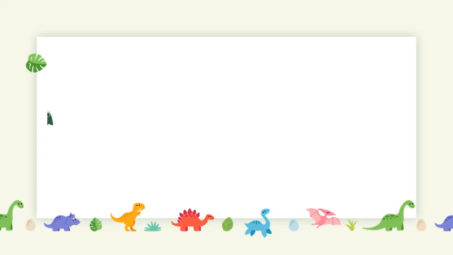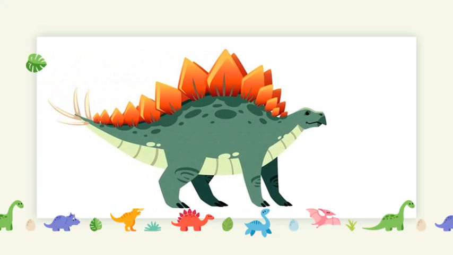After this came the Stegosaurus. And what does the Stegosaurus do? It doesn't want to wait. It claps and it prances. Prance is another word for jumping or dancing.